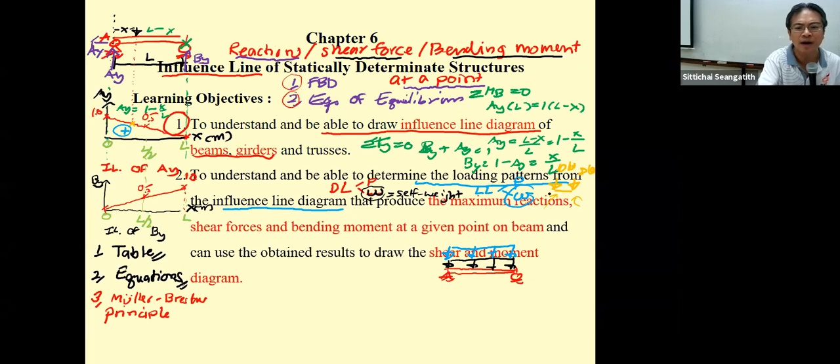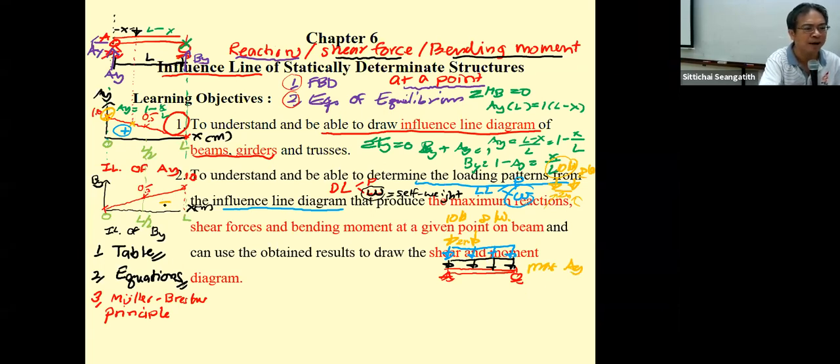You have to put the larger weight at the position of the larger coordinate. So you just put this one for 10 kilonewton, and this one, let's say 2 meters later, this is 2 meters, you put this one for 8 kilonewton. This is going to produce the maximum A sub y.